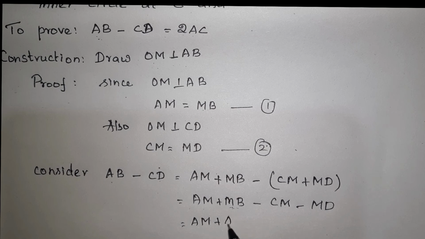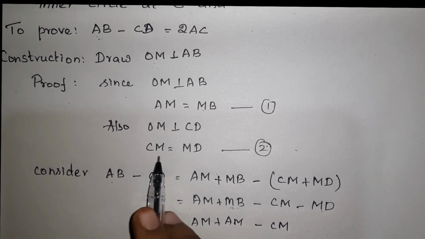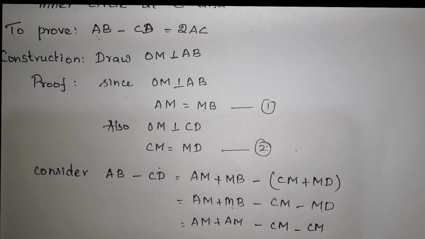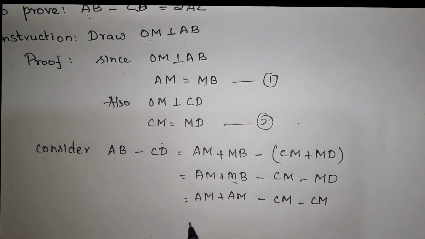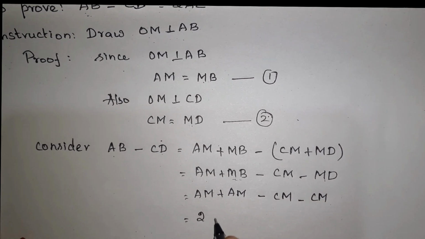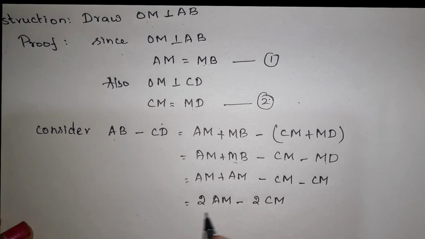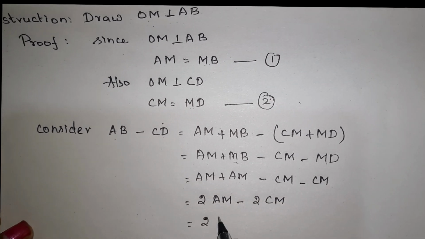So I am putting this AM here. Then minus the CM let it be. So in place of MD, I can write MD is equal to CM. So minus CM. Okay. So we can write this as 2 times AM, minus 2 times CM. So 2 is common, take it out. So 2 into AM minus CM.